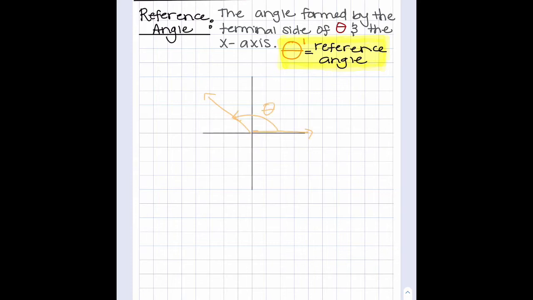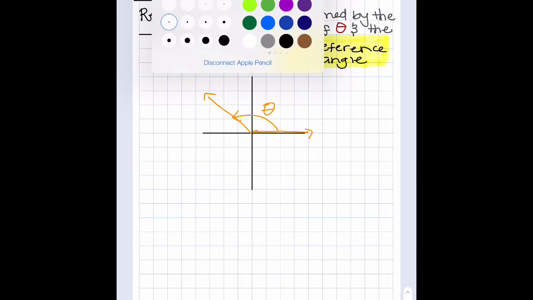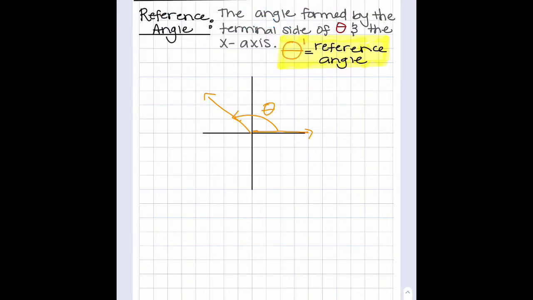So what a reference angle looks like on a graph. You don't have to copy this graph down. We'll draw graphs in a second, but remember that I want to take you back. Remember that an angle theta is created by this side here. That's the initial side.